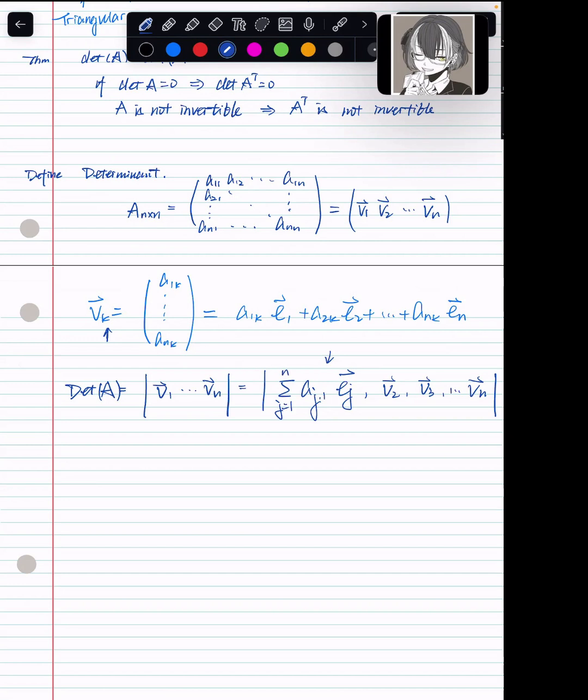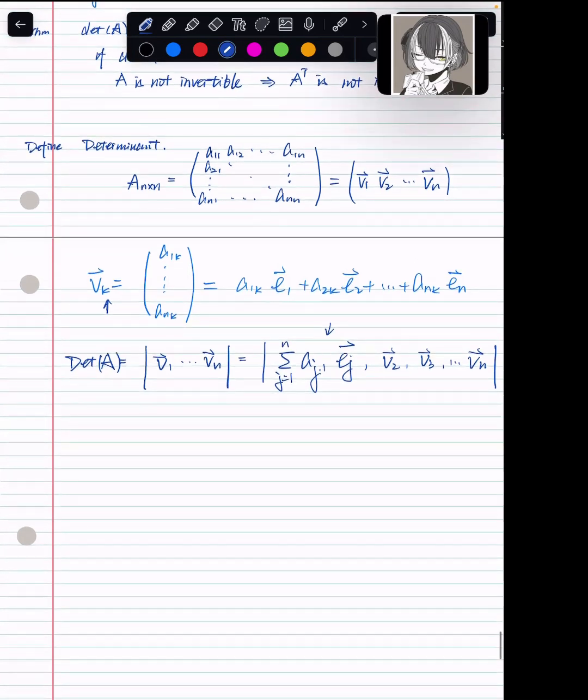Okay. Now we know A is just a factor and E is a vector. And when we're doing the determinant, if we have a factor multiplied by a vector, we can factor it outside of the determinant calculation. So that means we can write this as the sum of J from 1 to N, A J1.